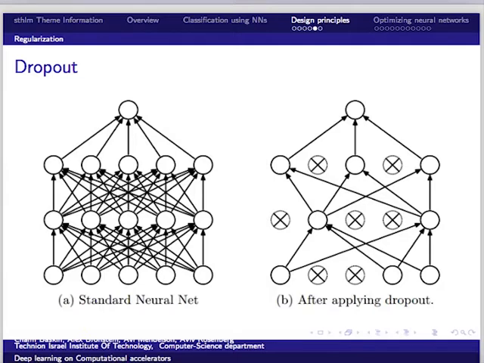So we have fewer connections between neurons, and we turn off the dependencies of the next neurons on the previous layer's neurons. This also works as regularization, because why? Why do you think dropout helps us avoid overfitting?